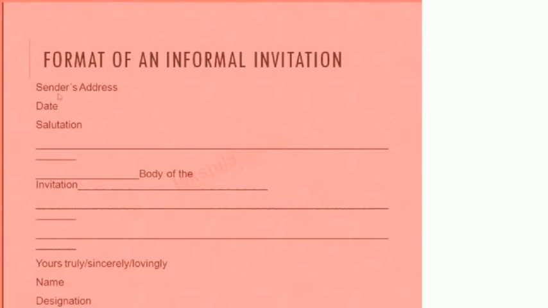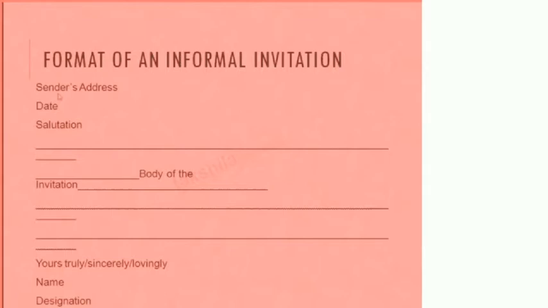It should not be too lengthy. We have to follow the word limit, and unnecessary details need not be included. So we have to be a little specific and to the point. In the body of the invitation, the reader should get answers to all the questions like what, where, when, and details of the function or program.